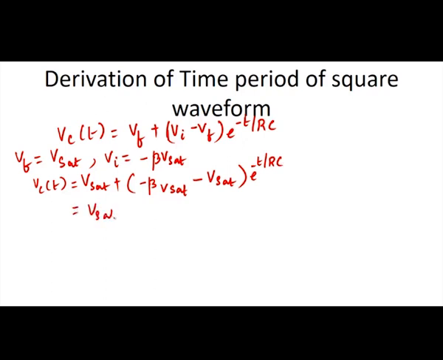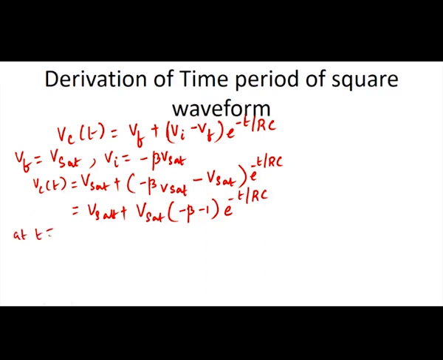Here V saturation is taken out, and you will have plus V saturation times minus beta minus 1 e power minus t by RC. This is your Vc of t.